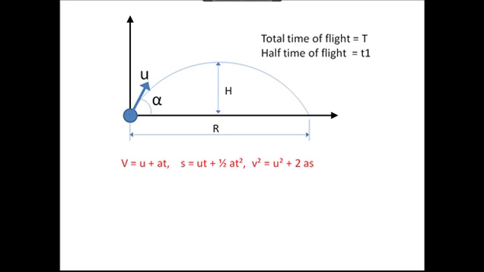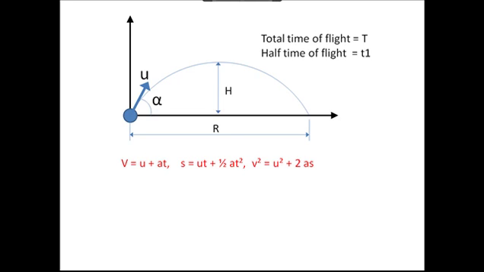It is expected that these equations are learned in some previous course. Just to refresh your memory, these equations are for a particle motion which is in a straight line, with constant acceleration, where the particle starts from the origin with initial velocity u.